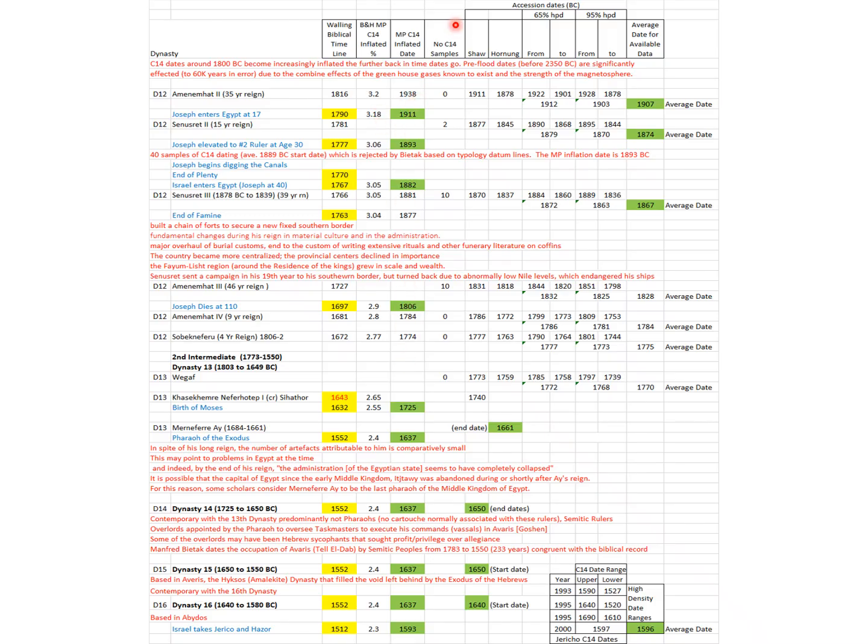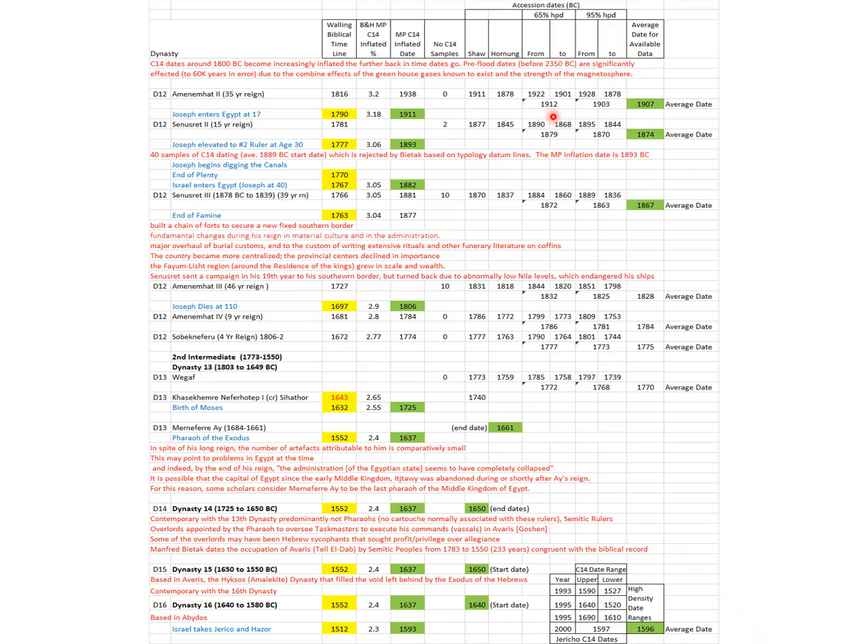Okay, and then we added also another row to all of the given pharaohs, and we averaged those 65% HPD and 95% HPD dates to get our average. So here, this range here, for instance, the 65% HPD was from 1922 to 1901.